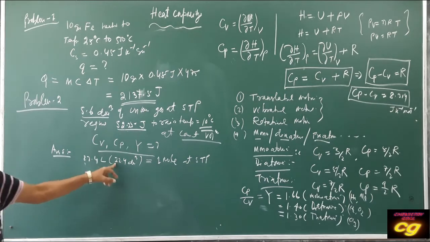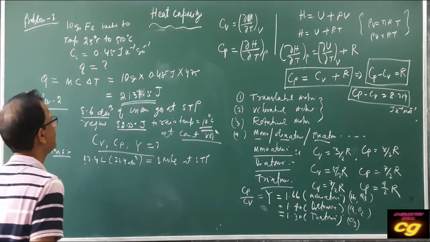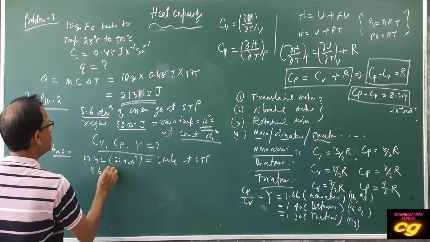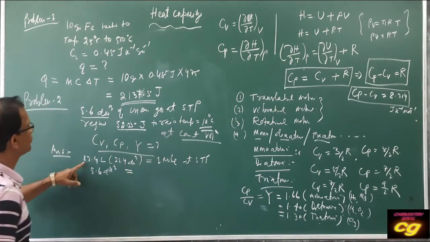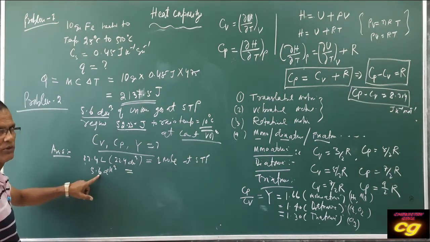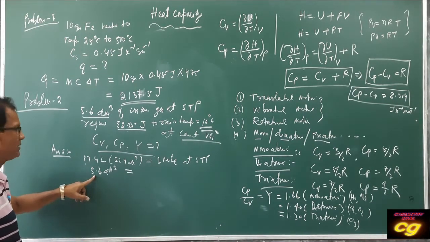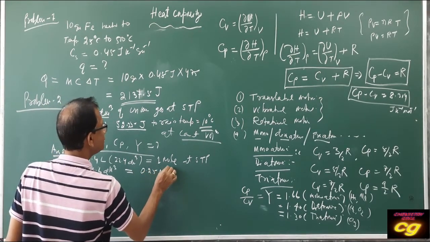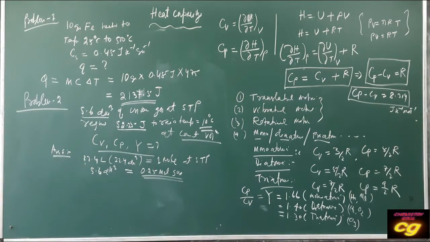So 5.6 dm cube will be equal to how many moles? It will be 22.4 by 5.6, that is 4 parts, so 0.25 mole of gas.